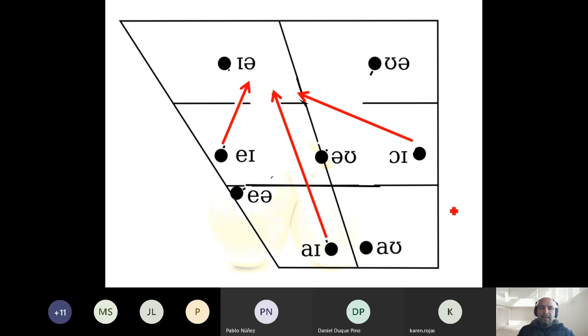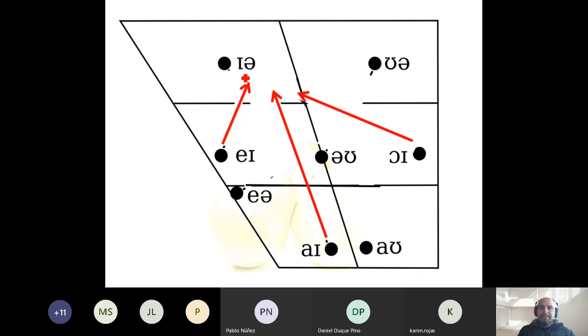So they glide from one initial sound, ay, eye, and oy, and then end up in the same i sound. The three of them go upwards to this area, the area where the short i is produced.